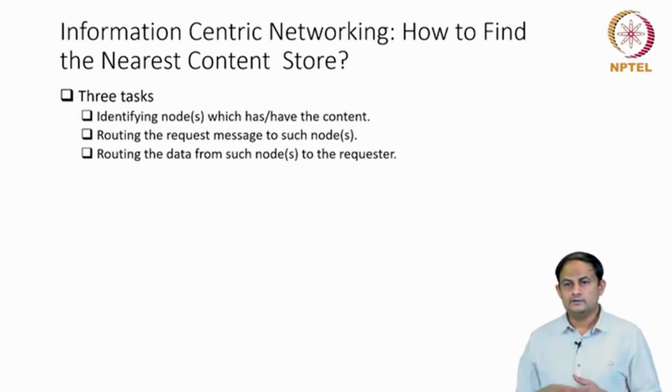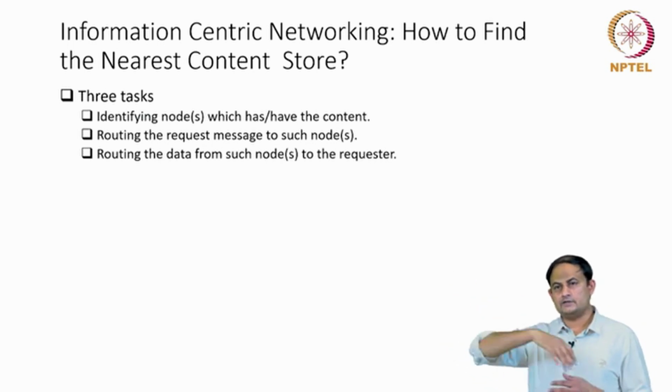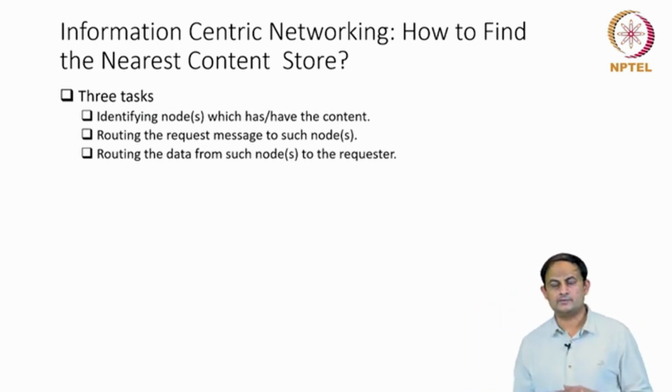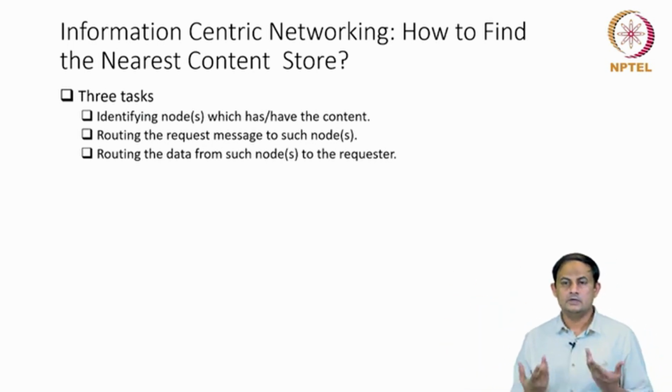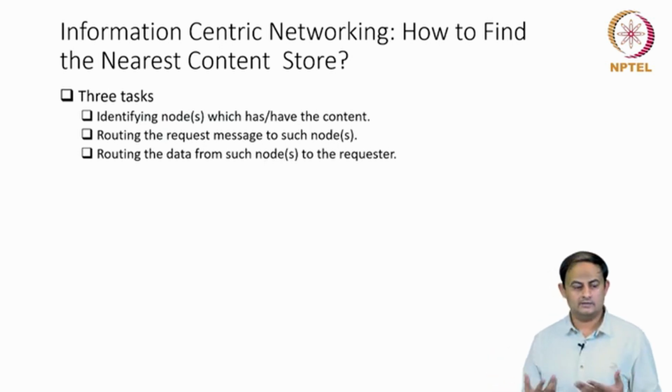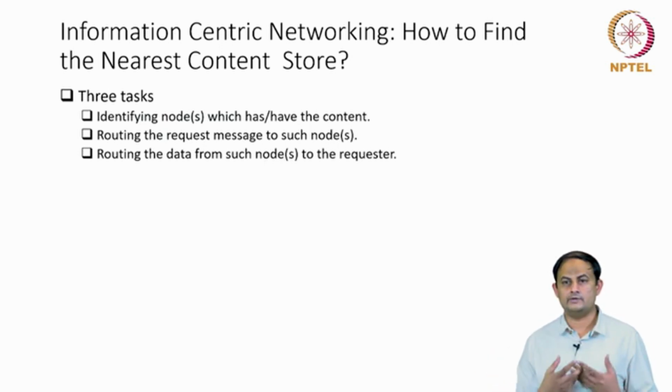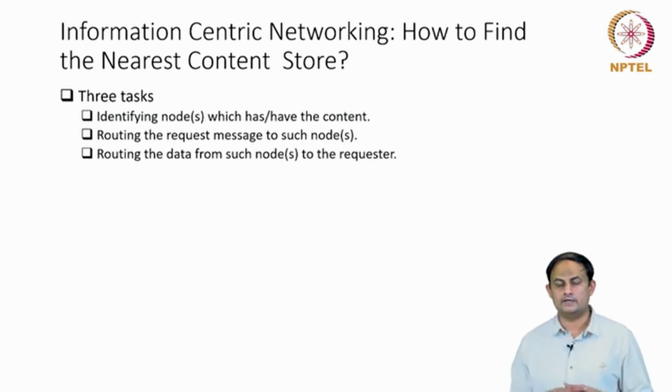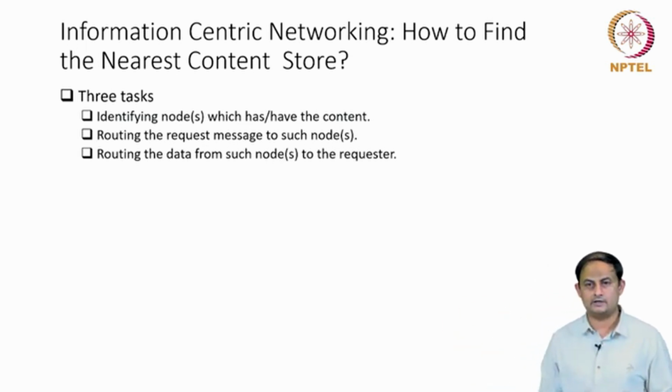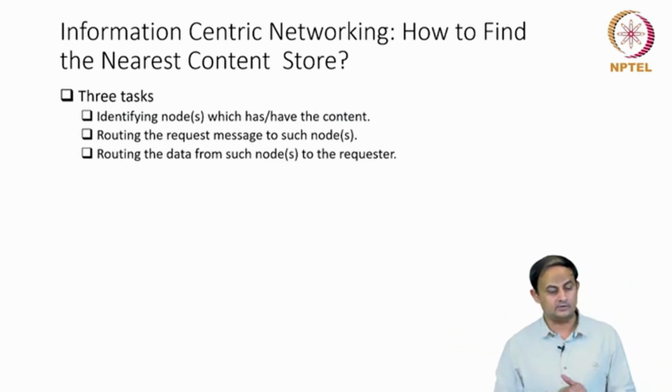Meaning, if the original content is stored in many different routers' caches, how do I locate one of the routers having the content, from which I can make the request and borrow the content from that router?